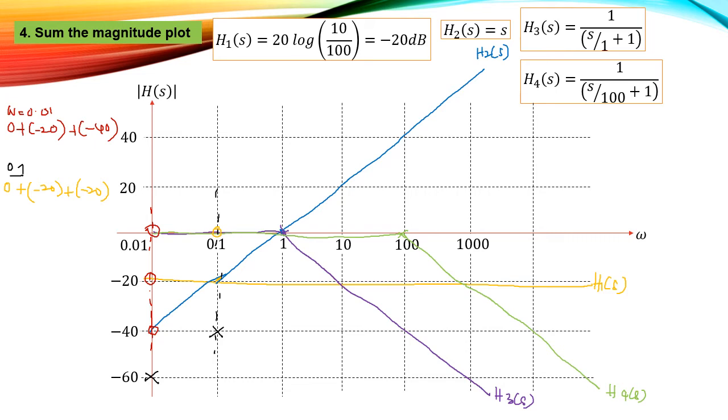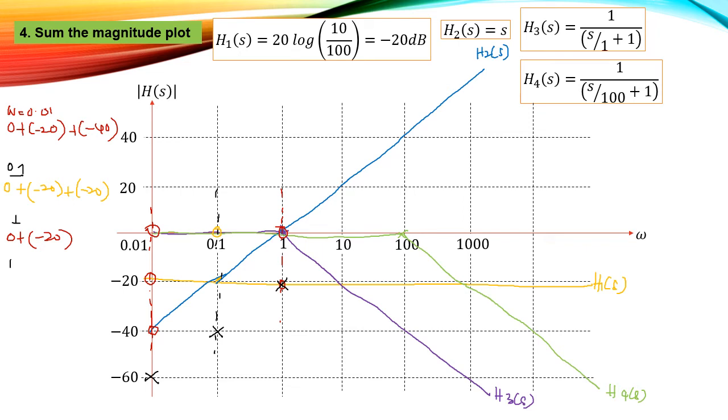And then at 1, you have magnitude of 0 plus crossing at 1, so negative 20, so it is negative 20.